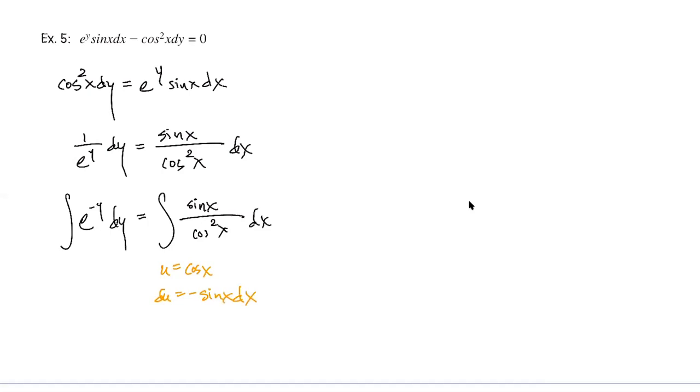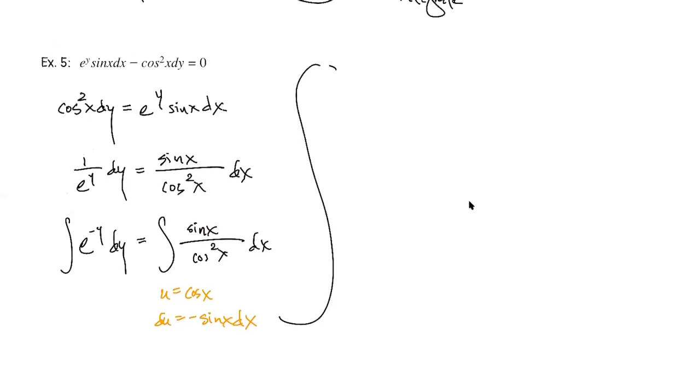Which means that when I replace this, I'm going to have a negative sign in the front. So on the left-hand side, I will get negative e to the negative y with a very straightforward u sub, just changing the sign.